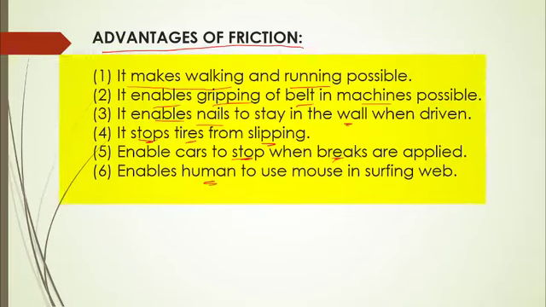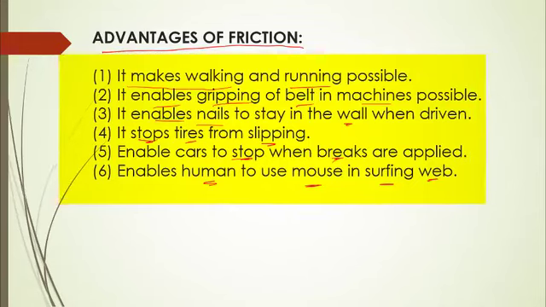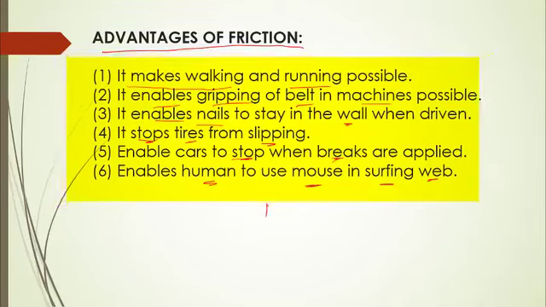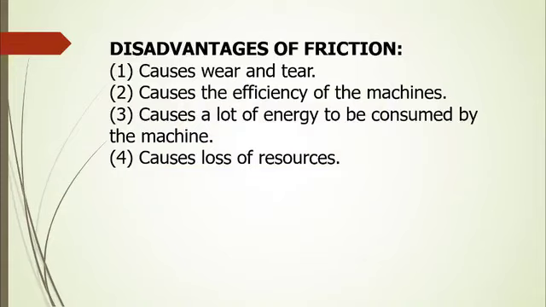Alternatively, it also enables humans to use the mouse on the web. So as you're even touching the screen of your phone now, you know that without contact, the cursor would not be able to move, and you wouldn't be able to play games, select options on your phone, or surf the internet. That is possible because of friction between your thumb and the screen of your phone.